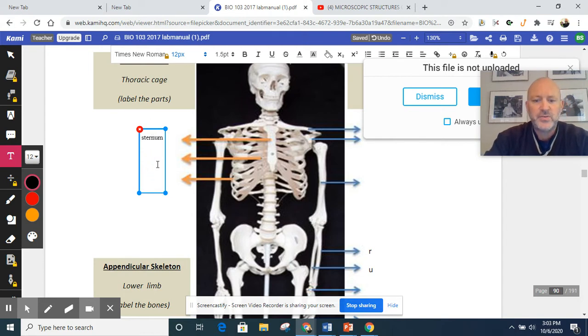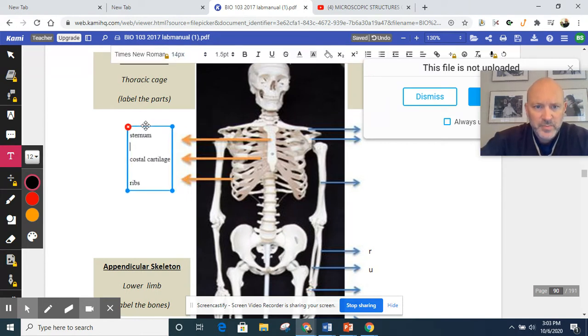This is pointing to the costal cartilage. And this is costal cartilage, and then this is going to be the ribs down here. All right, that matches up pretty good.